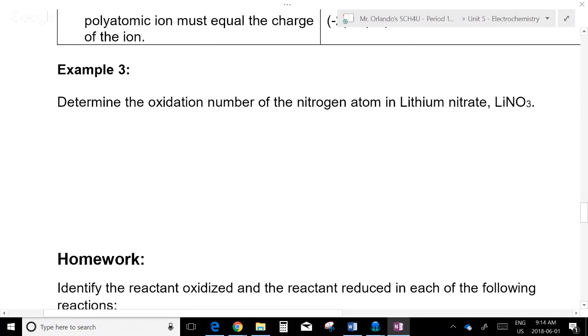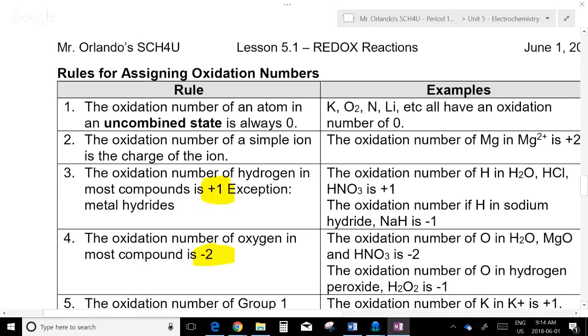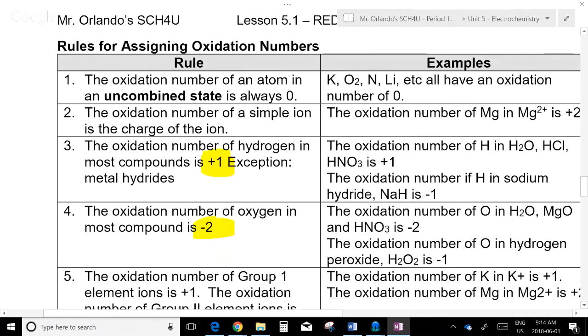So let's look at lithium nitrate. I want to know what the oxidation number of everything in this is. So let's break it down. If we go back to our first rule, it says the oxidation number of an atom in an uncombined state is always 0.